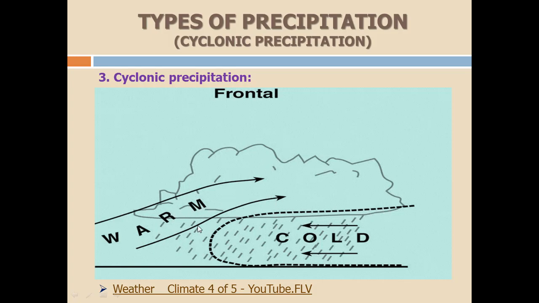If the cold air moves towards the warm air, the cold air is actually heavier than the warm air, so the cold air will move beneath the warm air, due to which the warm air rises up. And if the warm air is moving towards the cold air, the warm air is lighter, so it will move above the cold air.